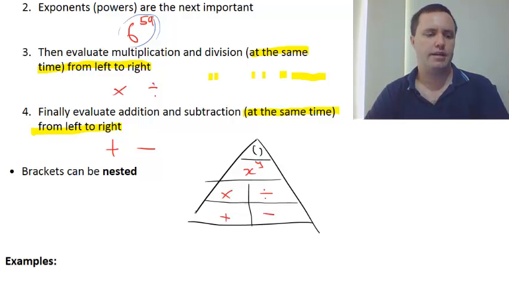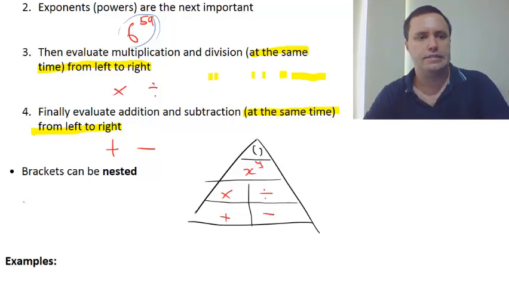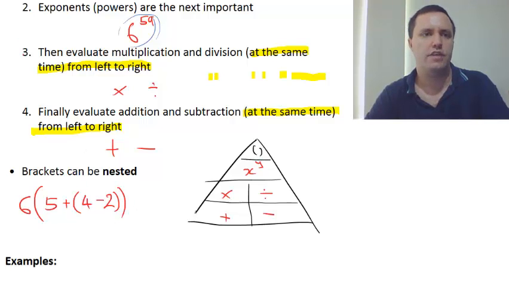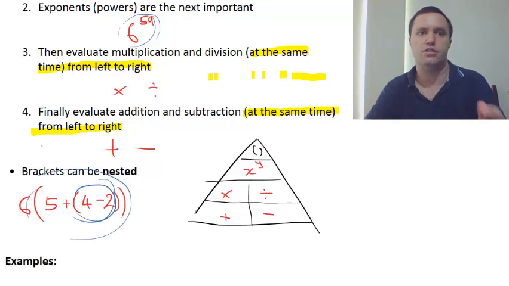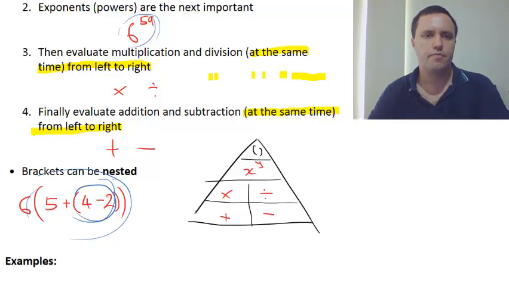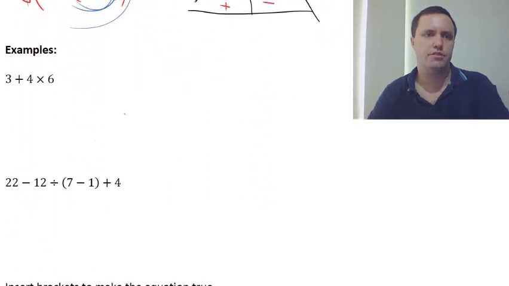Our brackets can be nested, so you need to be a little bit careful. If you have 6 open brackets, 5 plus 4 take 2, that means you have to do these inside brackets first before you do these outside brackets. So brackets can be nested inside each other. That's what that means. Let's have a look at some examples for us to go through.